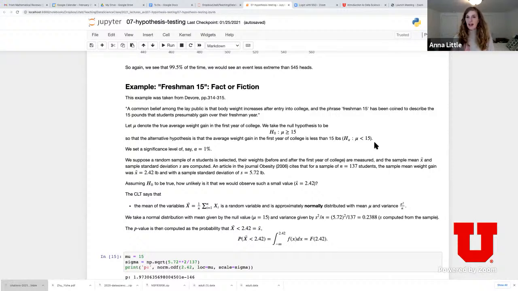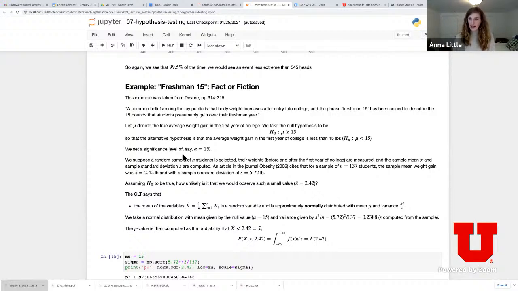You want to be mindful when you're setting up your hypotheses, because a hypothesis test will allow you to conclude evidence for the alternate, but it never allows you to conclude evidence for the null hypothesis. So if we want to debunk the freshman 15 legend, then we want our alternate hypothesis to be mu less than 15, and see if we have evidence for that.